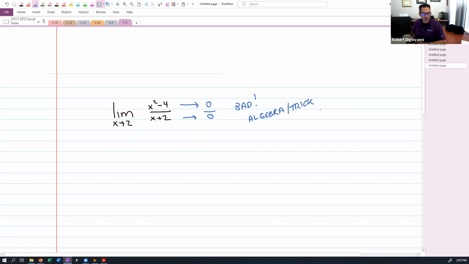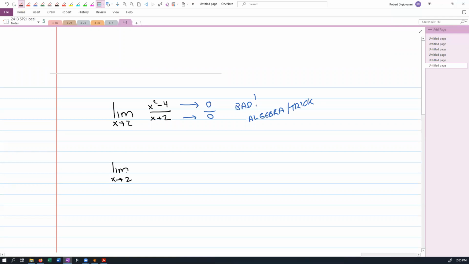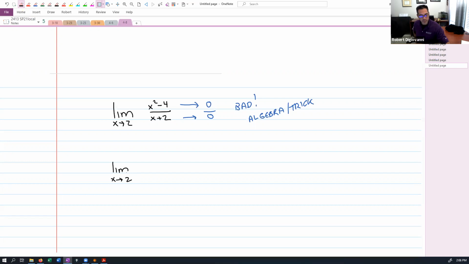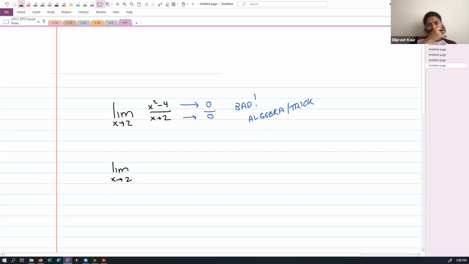And does anyone remember what the algebra would be here? What algebra would I do to get this to work? Negative sign, x minus 2 instead. You do 2 plus 2, it's going to be 4.